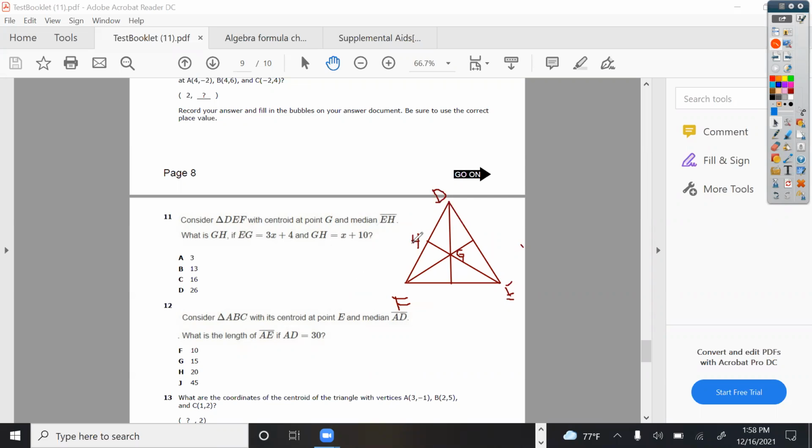GH is a smaller portion, and EG is the bigger portion. So you know that this is 2 times GH based on drawing out your picture. So we're going to have 3x plus 4 equal 2 times x plus 10. That's how we're going to solve that and find x. That's step 1.